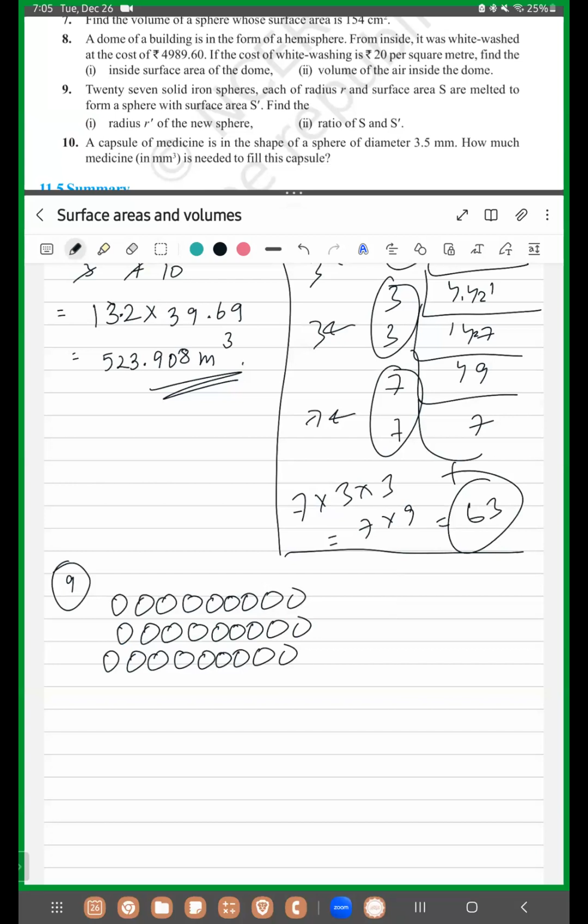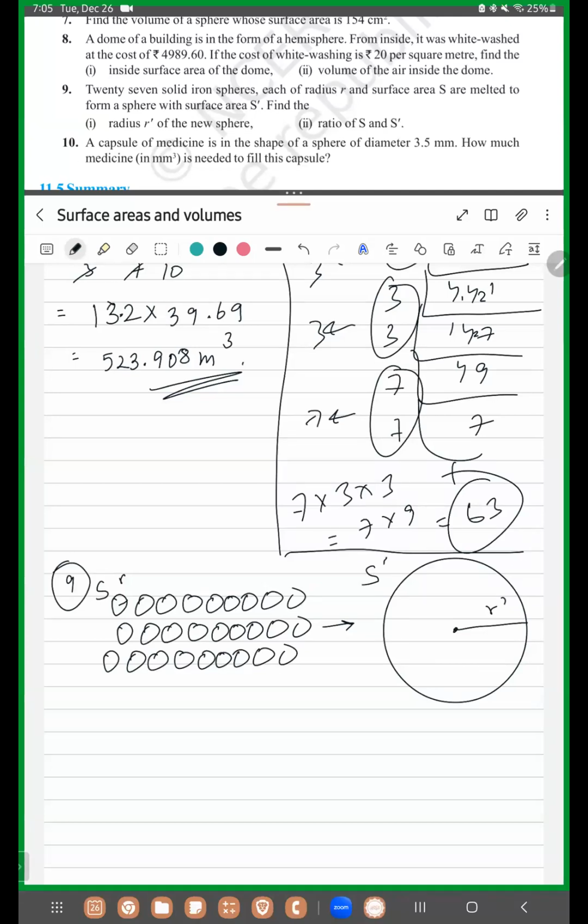All of them together are melted and transformed into a big sphere. Each of these has radius r, and this one is going to have radius r dash. So r and r dash are different. The surface area is also going to be different: the surface area of one small sphere is s, then the surface area of the big sphere is s dash.